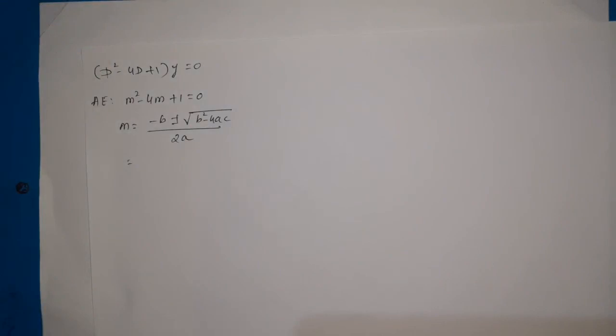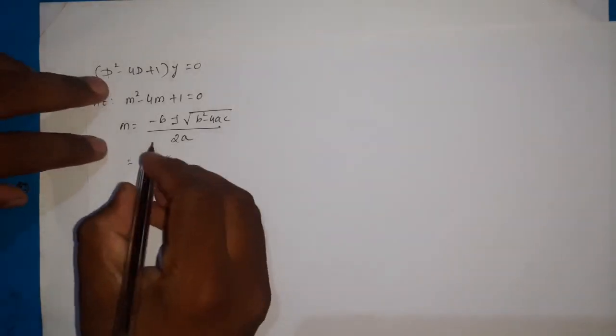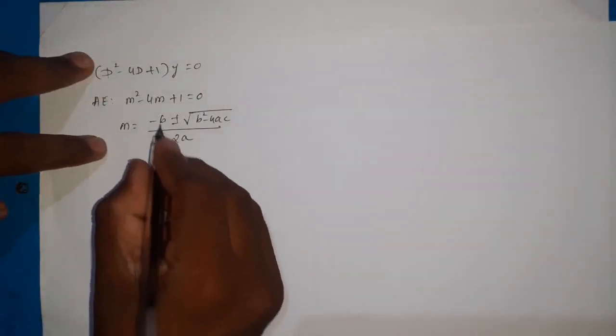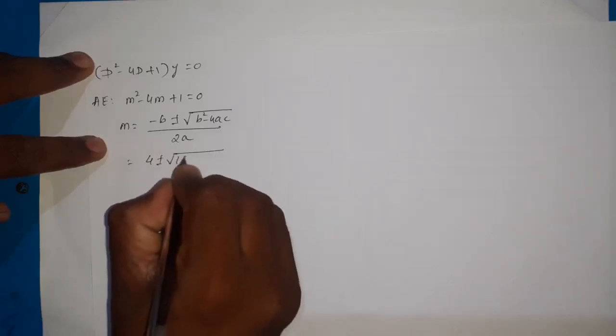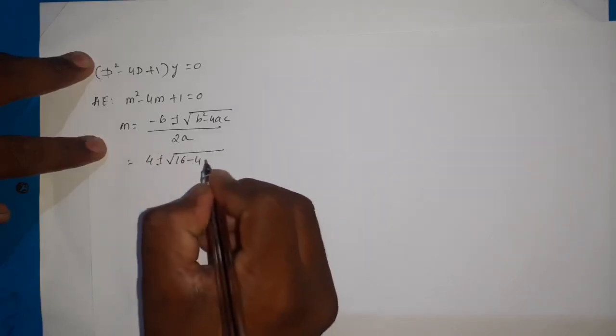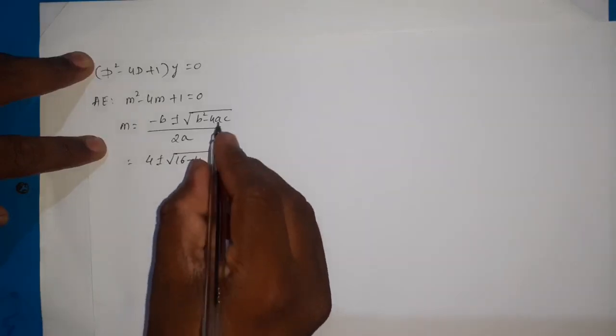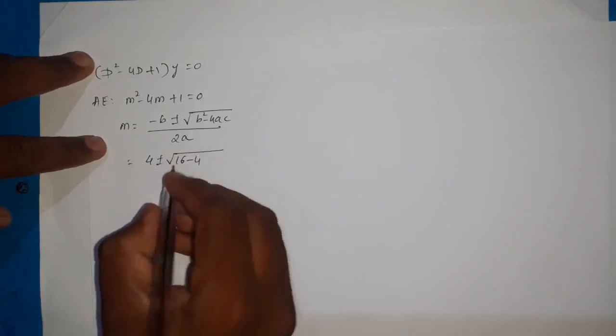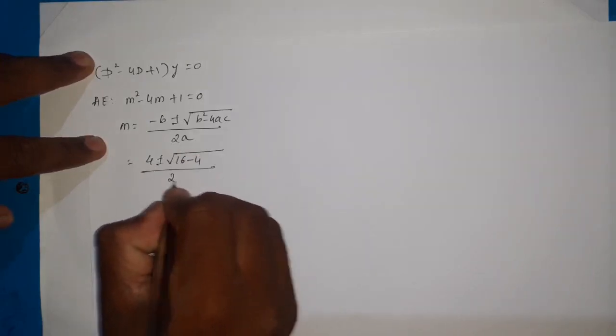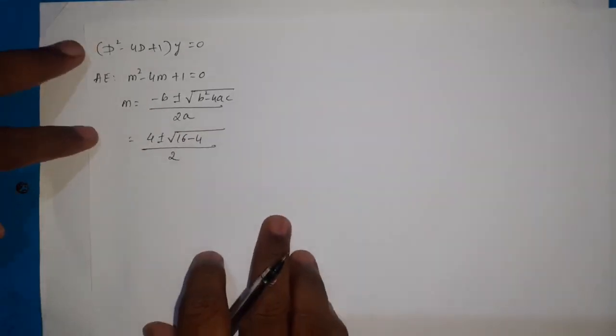So b equal to minus 4, then minus b becomes plus 4, plus or minus square root of b square, which is 16, minus 4, a is equal to 1, c equal to 1. That becomes 4 itself, divided by 2a, and a is also 1.